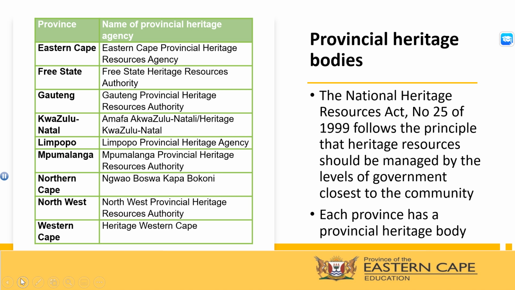And you will see that the naming of each of those resource agencies doesn't follow a specific pattern. KwaZulu-Natal has Amafa Aqua Zulu-Natali, and you will see the Northern Cape also has Ngwau Boswa Kapa Bokoni. So there is no specific pattern to the naming of those provincial heritage bodies.